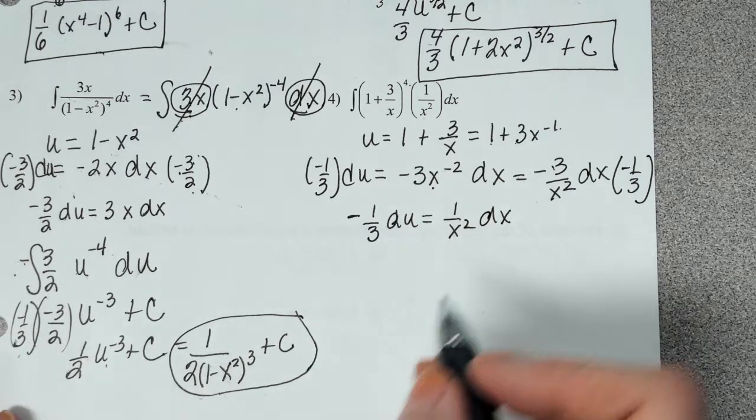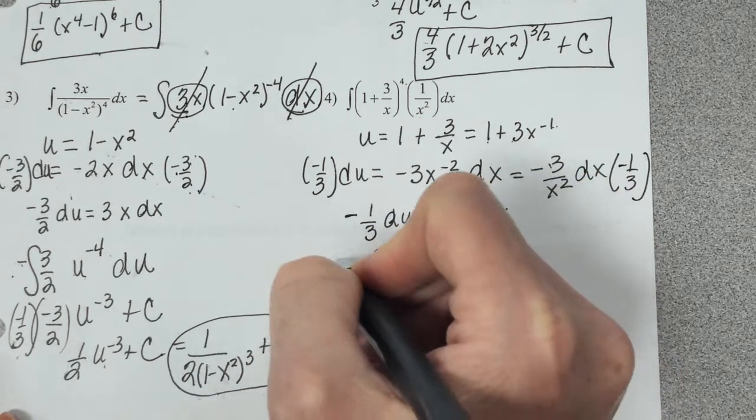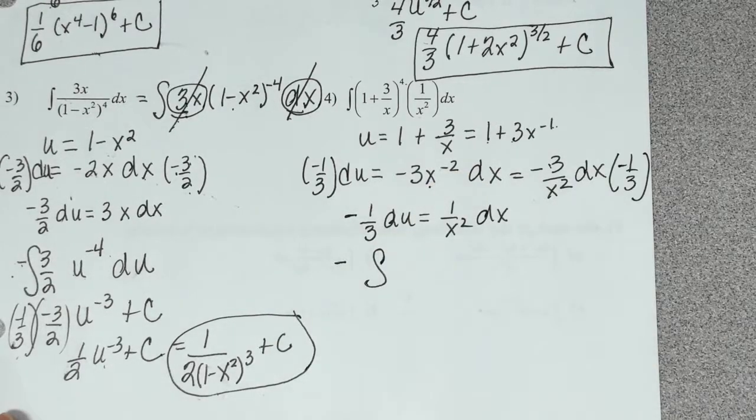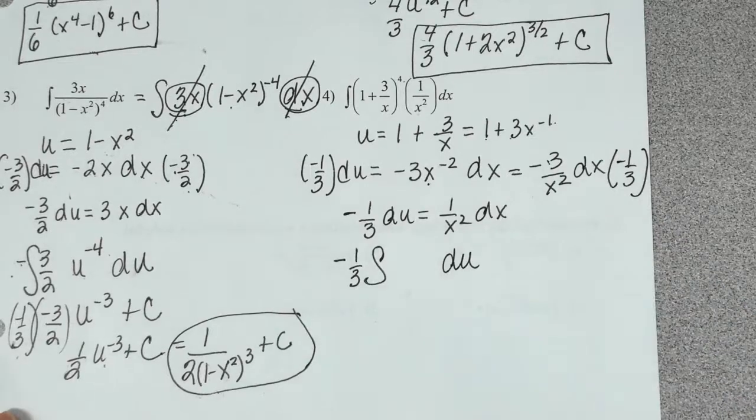Who can tell me how I rewrite the problem now? How would the integral turn in? What would it turn into? All right. Negative what in the front? 1/3. Yeah, so negative 1/3 du, okay?